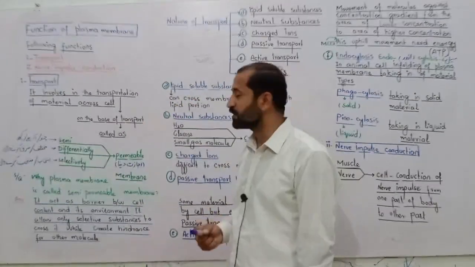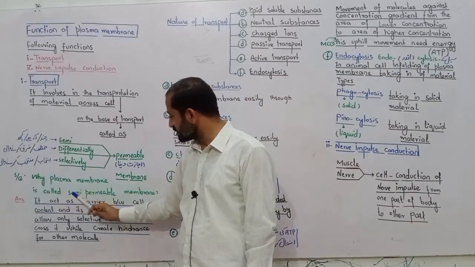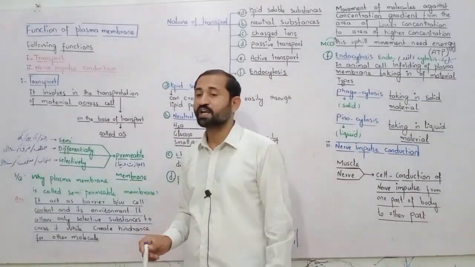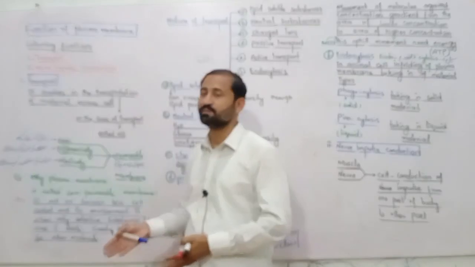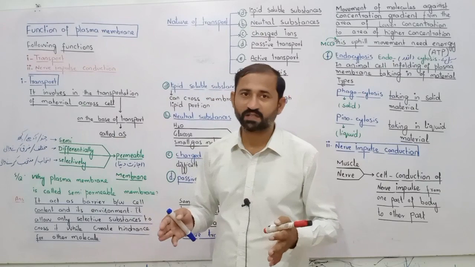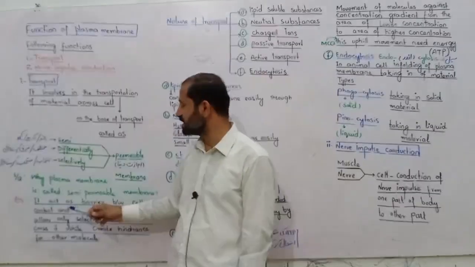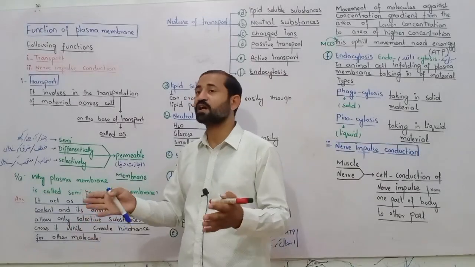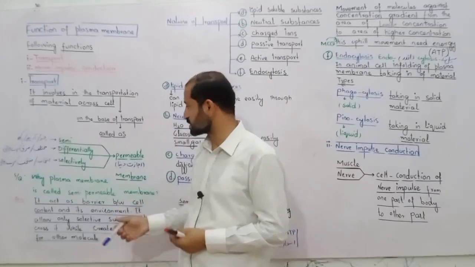So a short question may be: why is the plasma membrane called a semi-permeable membrane, or selectively permeable, or differentially permeable membrane? The answer is the same. Semi-permeable: it allows some molecules to cross, not all molecules.